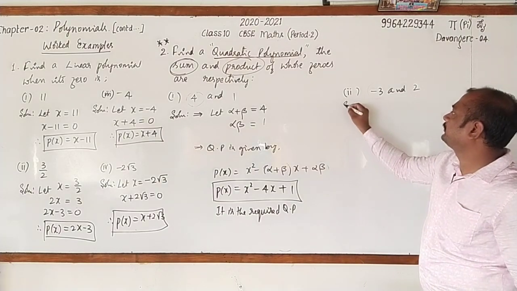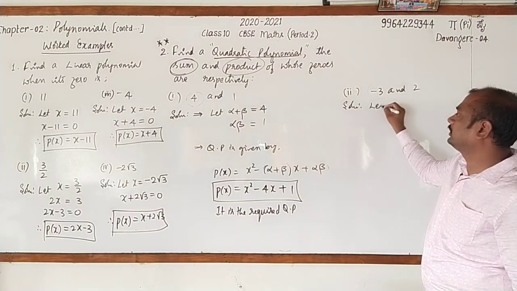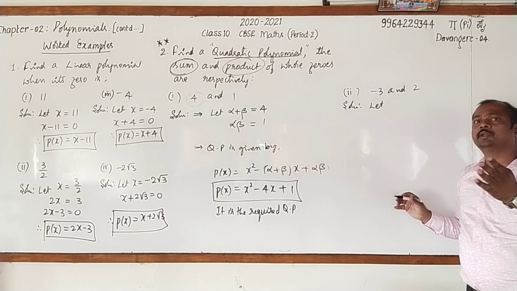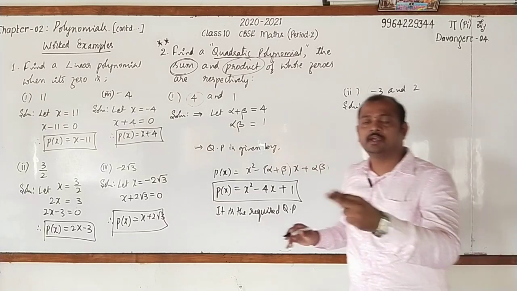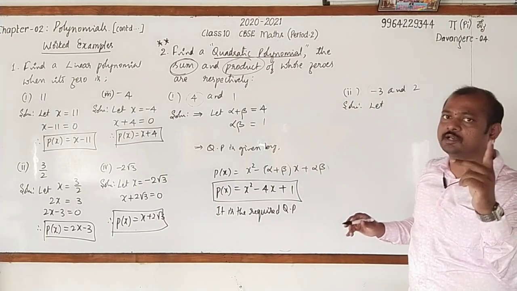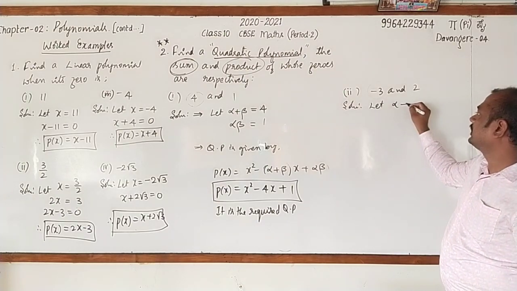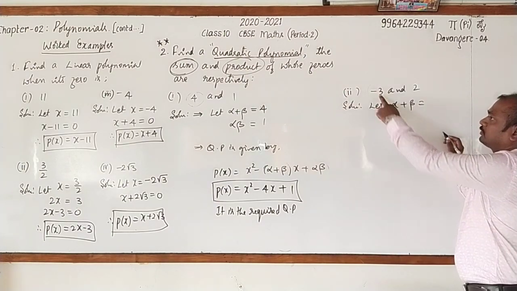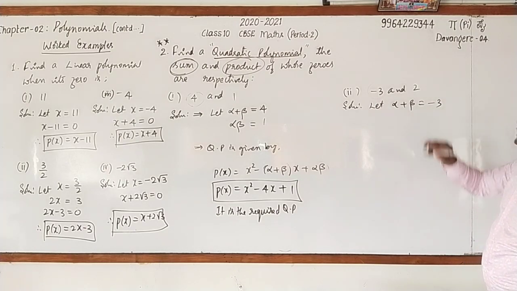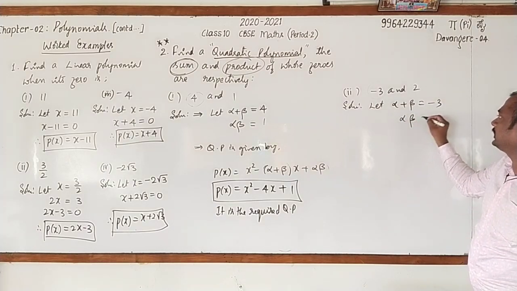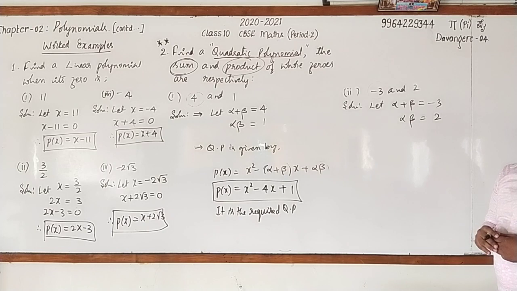So here, let's go for assuming. We know that a quadratic polynomial has two zeros and we have taken those two zeros as alpha and beta. They have given sum and product. Hence, we can write alpha plus beta equal to minus 3 and alpha into beta equal to plus 2.